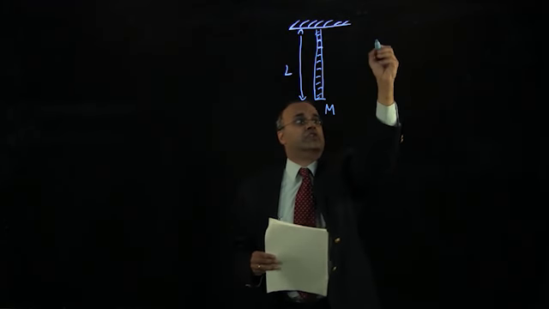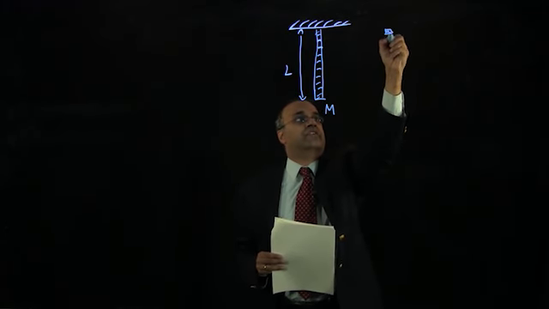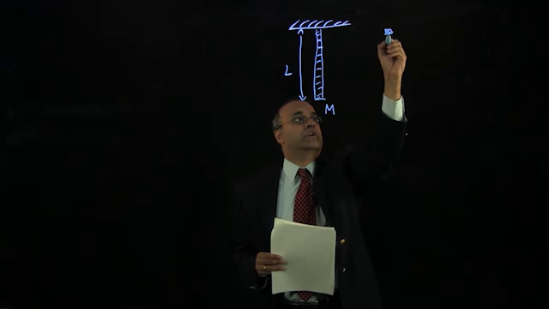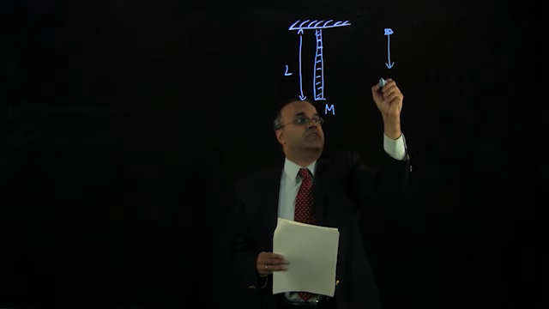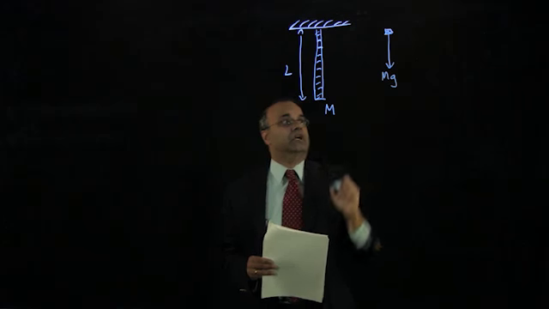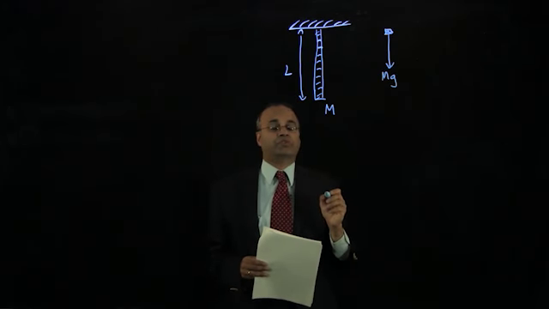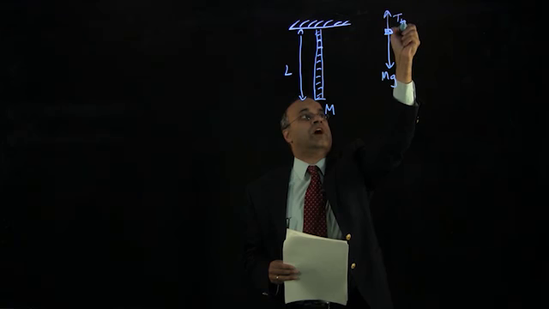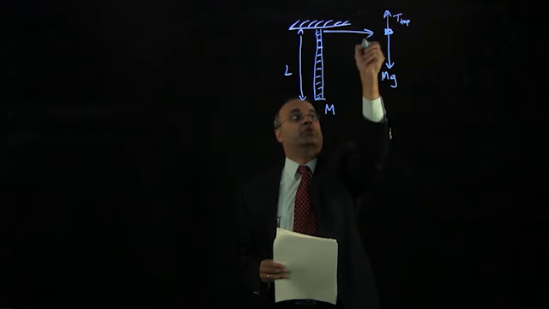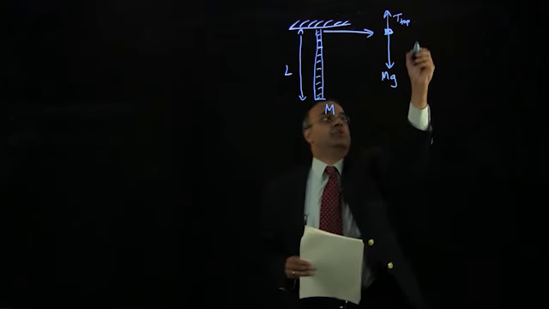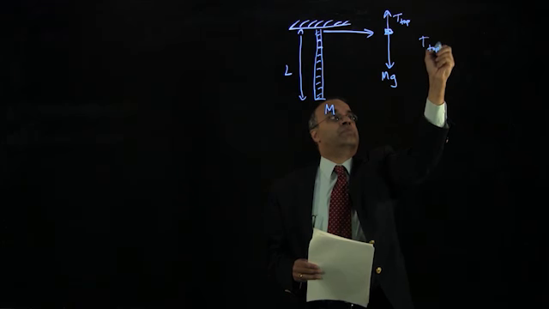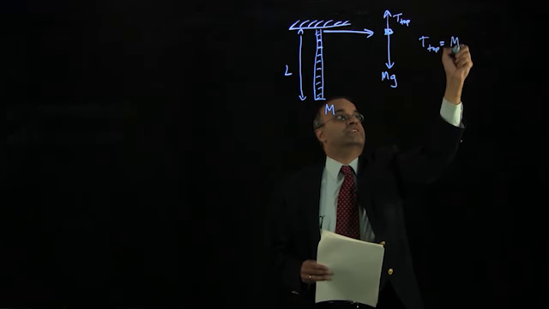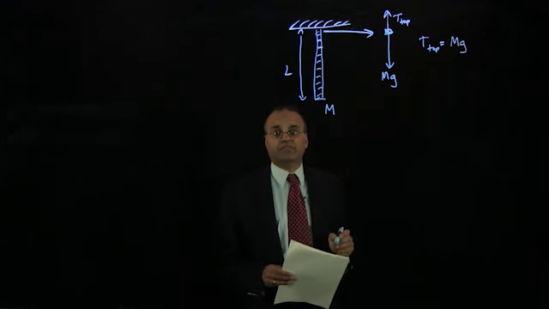So if I were to examine just a little piece at the top here, the weight of the entire rope would be acting downwards. And for the rope to remain stationary, there has to be a tension upwards. I'll call this T top, because this is at the top of the rope. And so we see immediately that at the top of the rope, the tension is just equal to mg, where m is the mass of the entire rope.